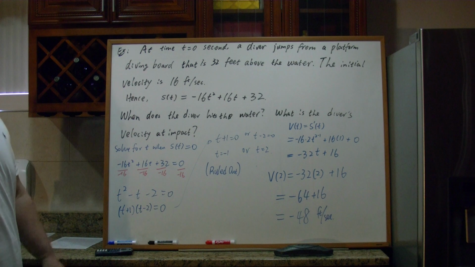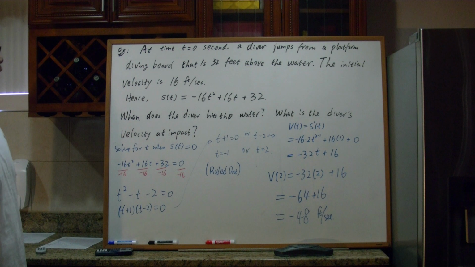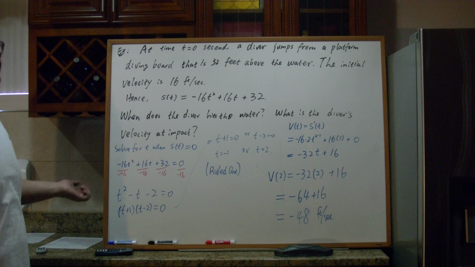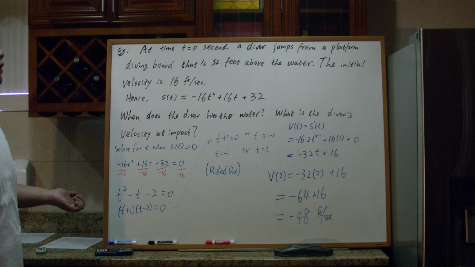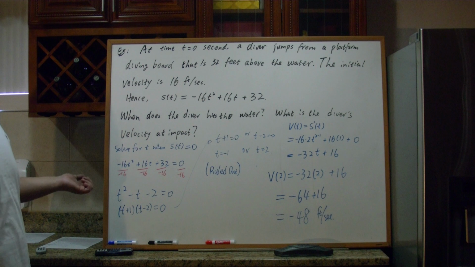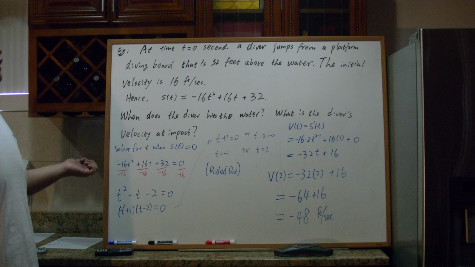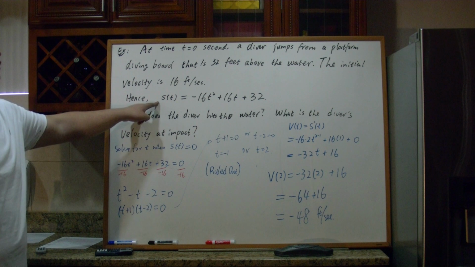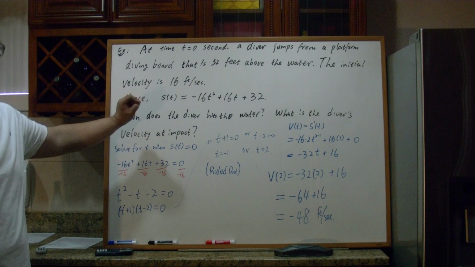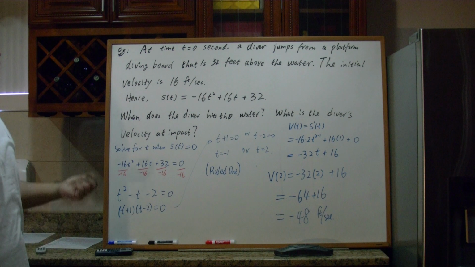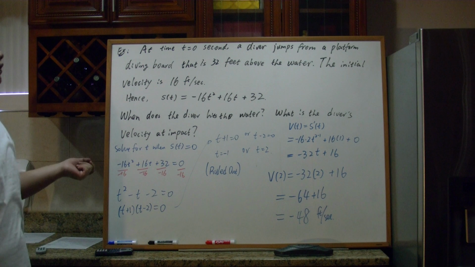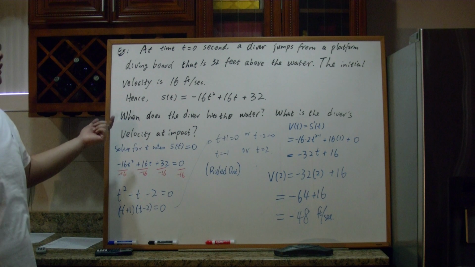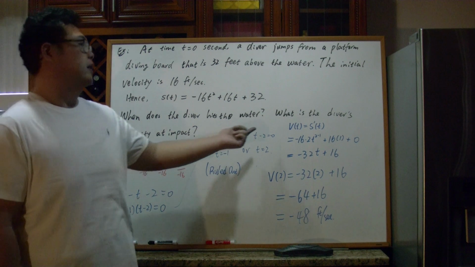Right, so in this section we have seen all the formulas. The average velocity is the average rate of change, the difference quotient, which is the difference of position over the difference of time. When the difference of time goes to 0, the average velocity goes to the instantaneous velocity.